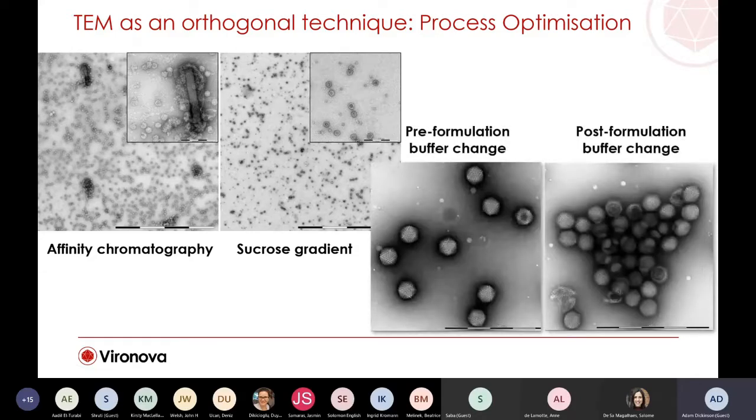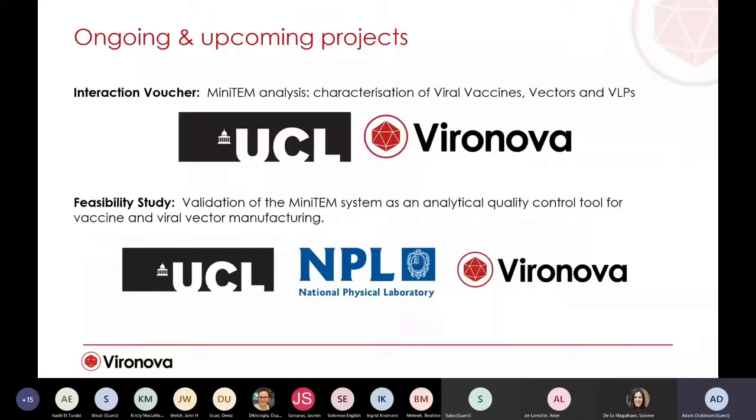And when we're looking at our formulation buffers, you can see if the change or the composition of the buffer may lead to particles aggregating or being slightly damaged in the process. So again, it's all valuable information going to help you confirm and validate some of your findings using some of the existing technologies that are used for analytics in vaccine manufacturing.